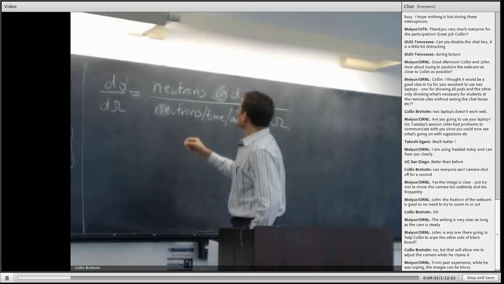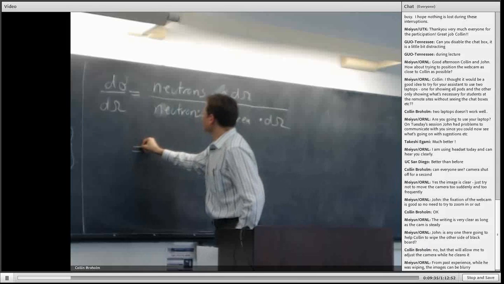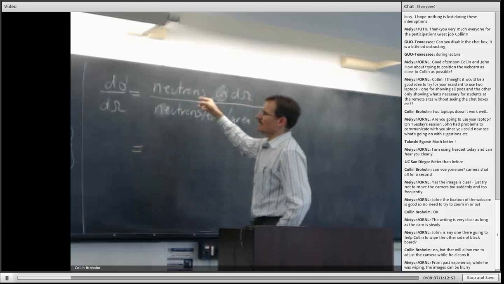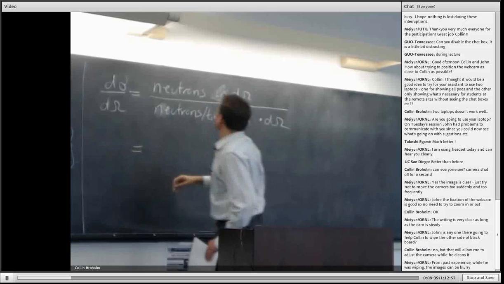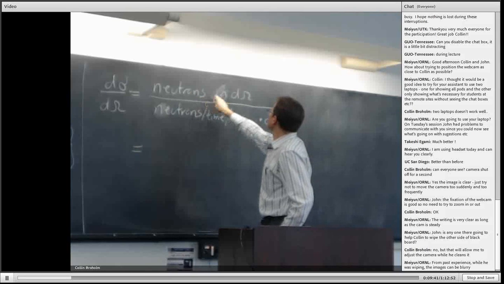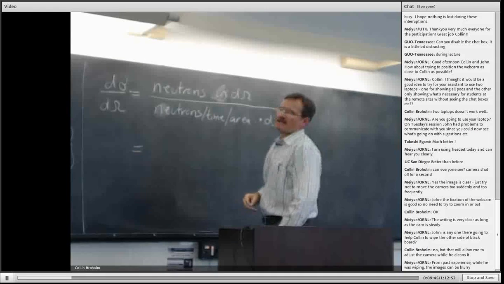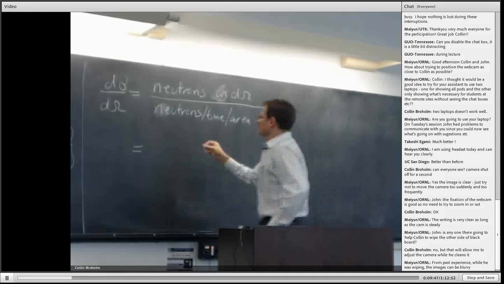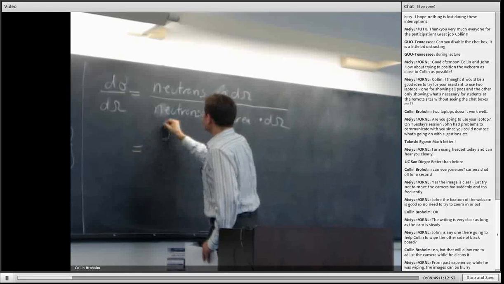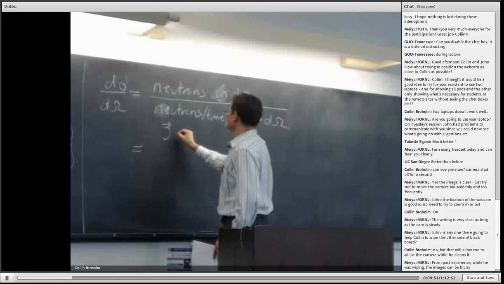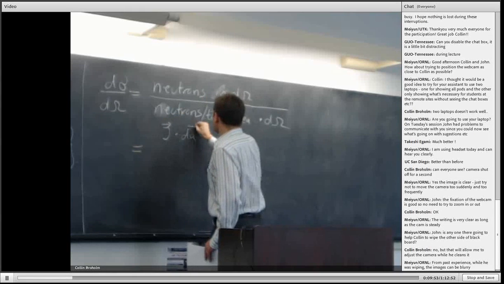And so now what I can do is develop the numerator and the denominator and then introduce these types of expressions. So up here I need the number of neutrons which arrive in my detector. Let's give the detector an area dA. That means that the number of neutrons would be the incident current density dotted with dA.